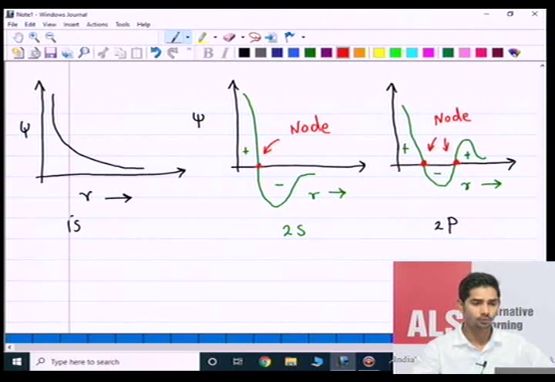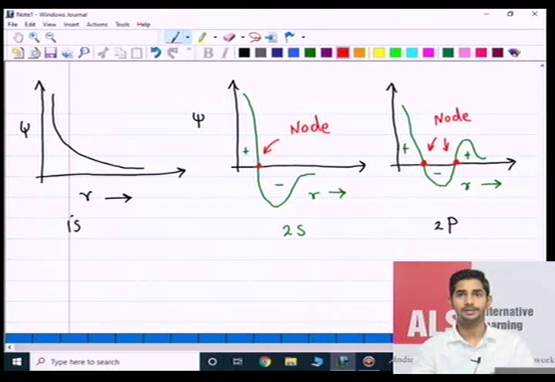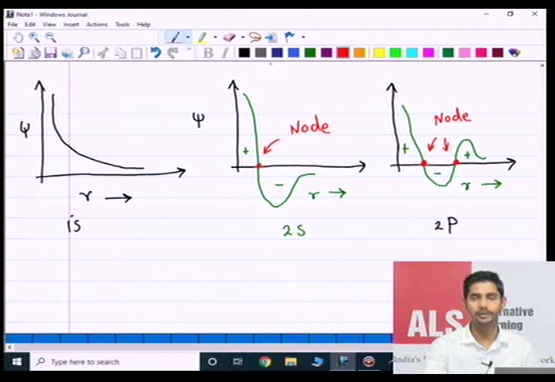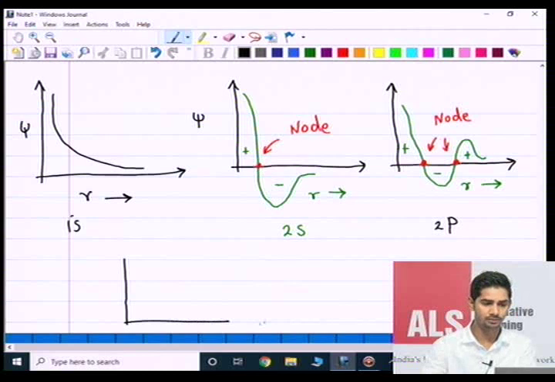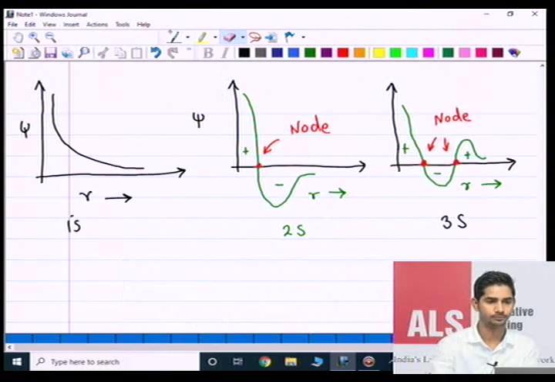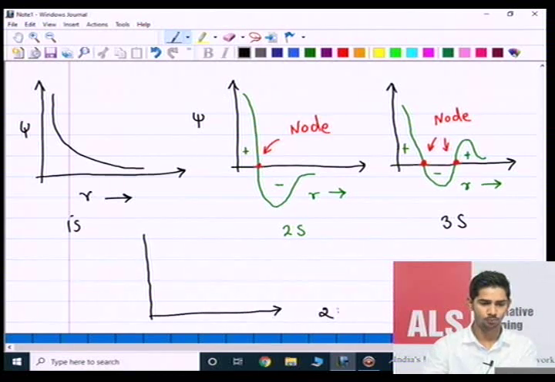I have to draw one more. Guys, you will draw the fourth one exactly next to the 2p. Here I haven't got the space, that's why I'm drawing below it. Sorry, one thing, this is not 2p, this is your 3s. I'll draw 2p right now. This is your 2p. This is r.